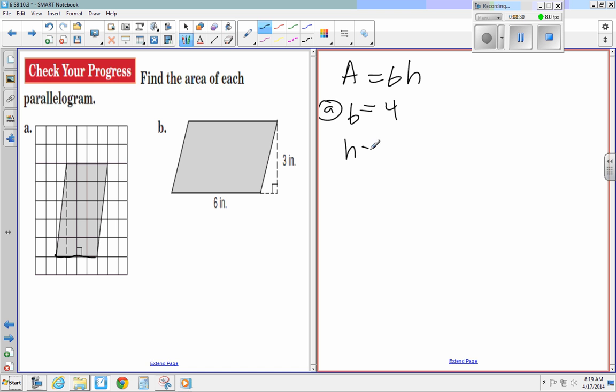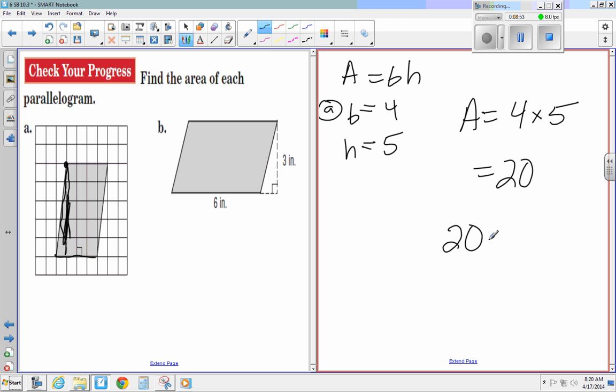The height is equal to 1, 2, 3, 4, 5. The height is 5. So, area is equal to base times height, or 20. And when it says units, it should be 20 square units, or units squared. Base times height.